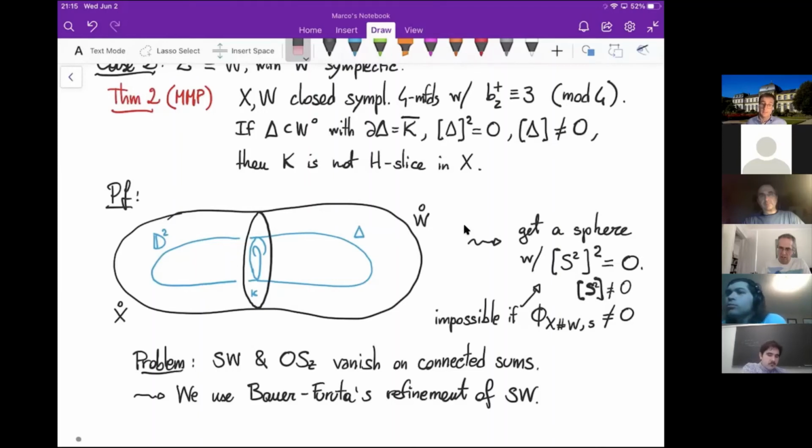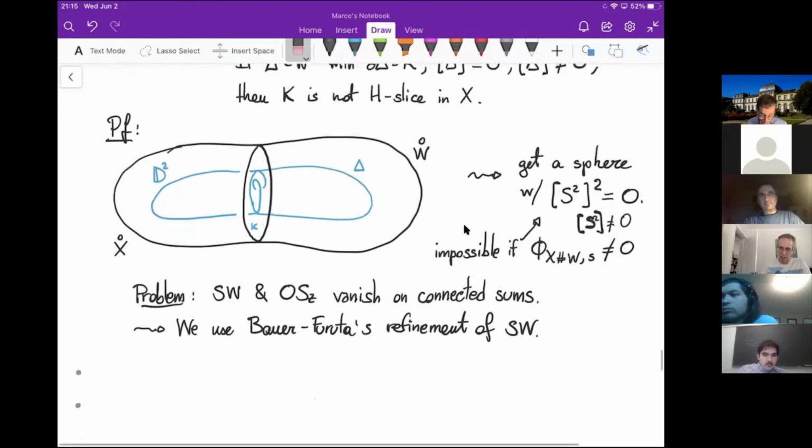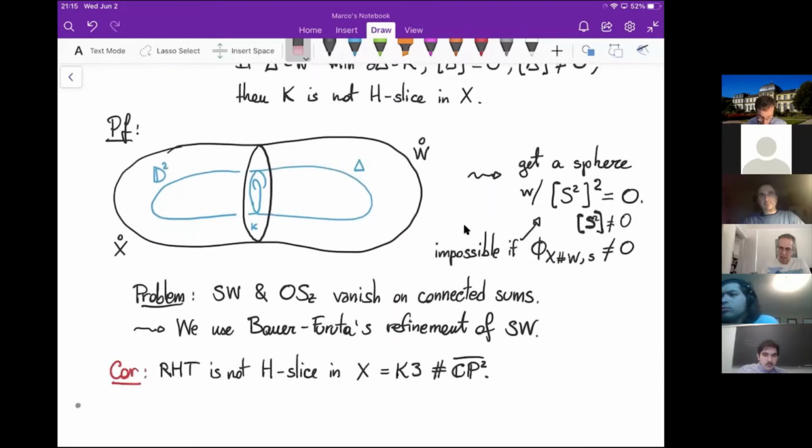And nicely, they do not necessarily vanish for connected sums. And there are some nice examples where they don't.